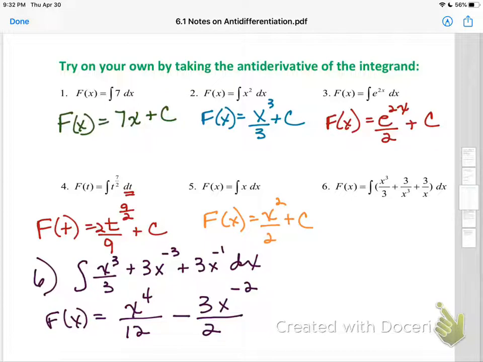Okay, don't double up your signs. Make it a subtraction. Okay, now look at this next one. If I add 1 to -1, I'm going to get a 0. I can't divide by 0. Where have I heard this before? Oh, right. That must have been natural log. And then add your constant of integration.